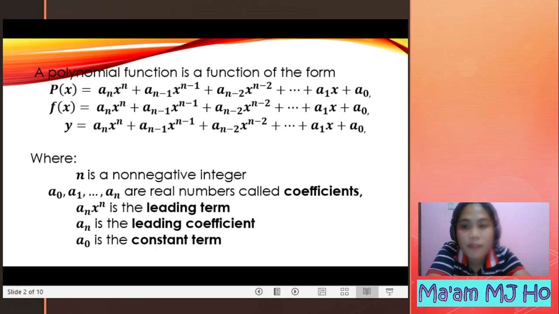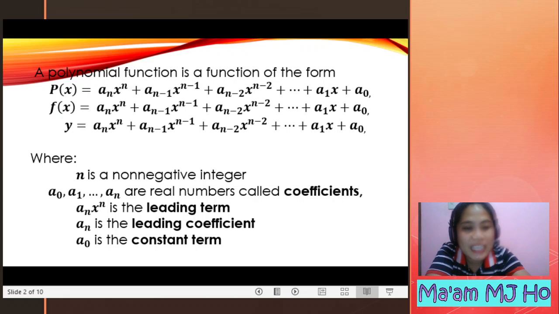So a polynomial function is a function of the form p of x is equal to a sub n times x raised to n plus a sub n minus 1 times x raised to n minus 1 plus a sub n minus 2 times x raised to n minus 2 plus so on plus a sub 1 times x plus a sub 0.